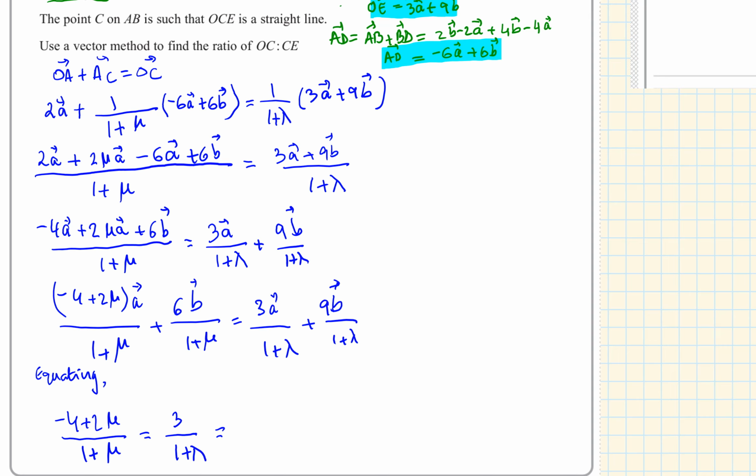So that would imply 1 plus lambda over 1 plus mu is equal to 3 over minus 4 plus 2 mu.